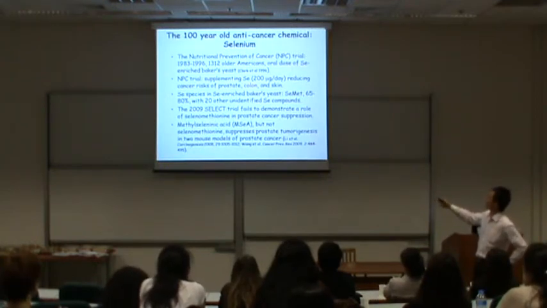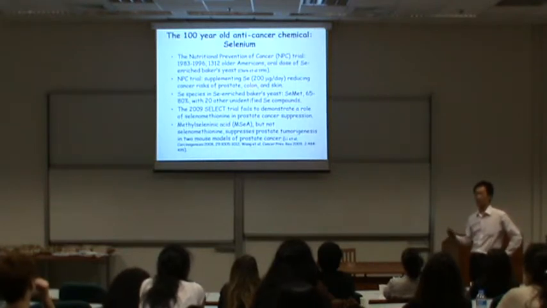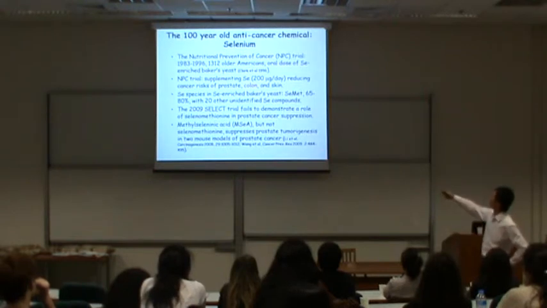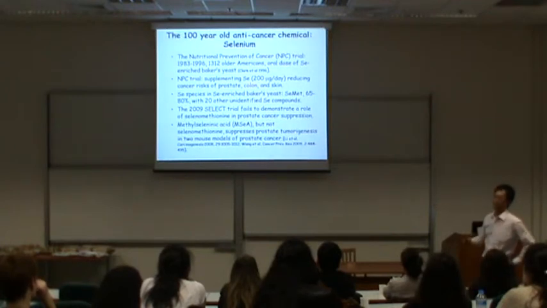This dose of selenium is 2 to 3-fold higher than the nutritional need. The nutritional need is about 50 to 70 micrograms a day, and they gave individuals 200 micrograms of selenium for several years, and they found reduced cancer incidence, including prostate, colon, and skin cancer.